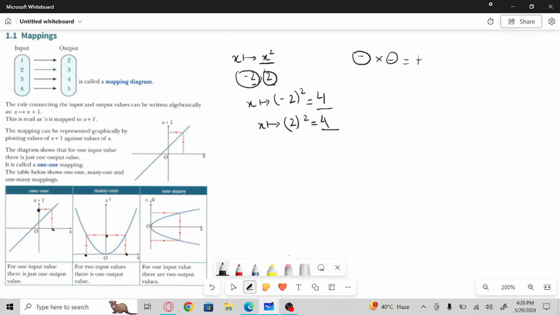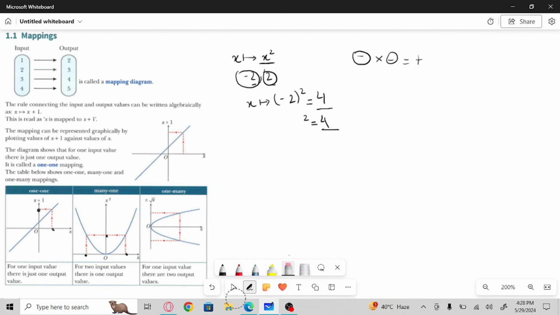If I would have chosen, for example, 2 and 3 as the two input values, the answer would not have been the same, because I will show you right now. If we input 2 squared, we get 4. And if we map it to 3 squared, we get 9. So there are some specific values for which the many-one mapping can be used.